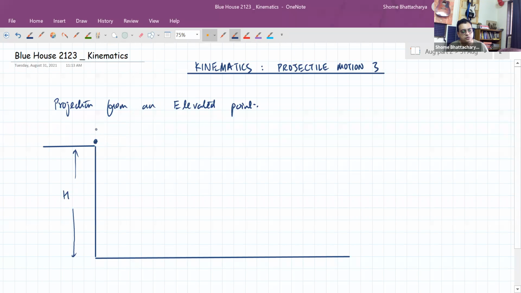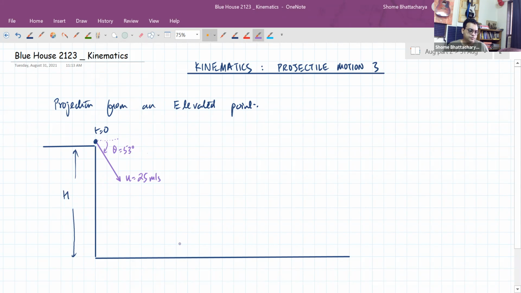So at t equal to 0, we are throwing an object, the velocity, let's say like this, which is of 25 meters per second magnitude. And the angle with respect to the horizontal is 53 degrees.